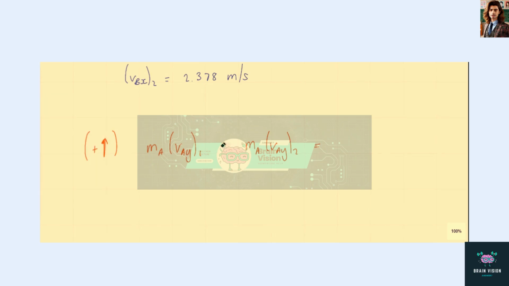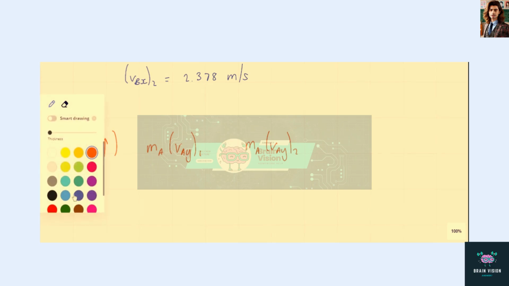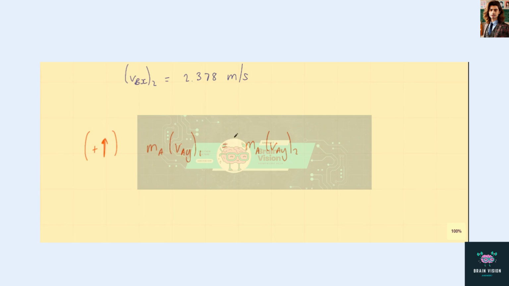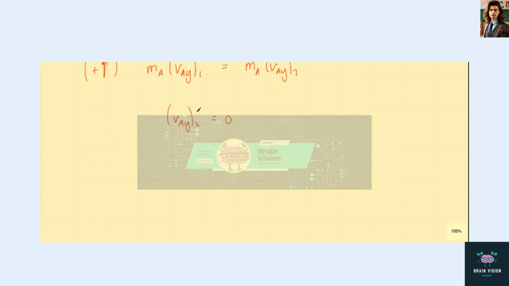So the initial y momentum of A must be equal to the final y momentum of A. And so we get from here that VAy2 is equal to 0, since VAy1 is equal to 0. There's no y component for disk A.